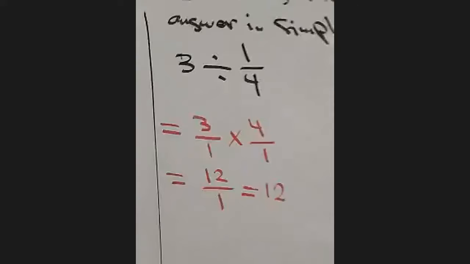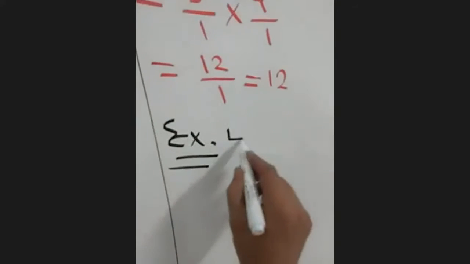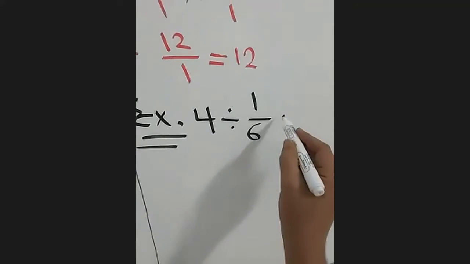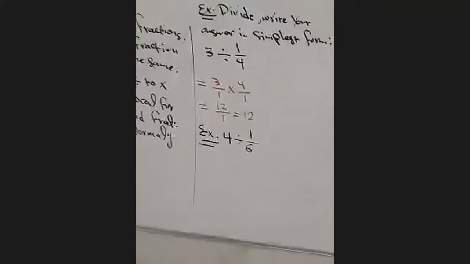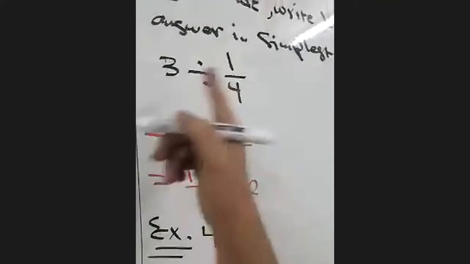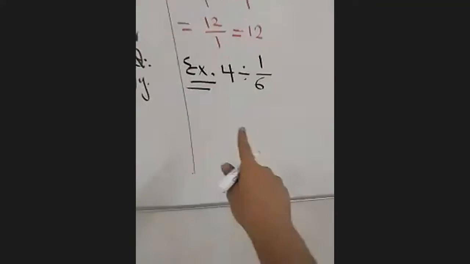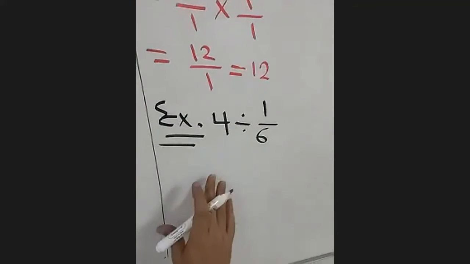Another example about this idea. If I want to divide, for example, 4 divided by 1 over 6. Now, the first number, we make it a fraction and we leave it.